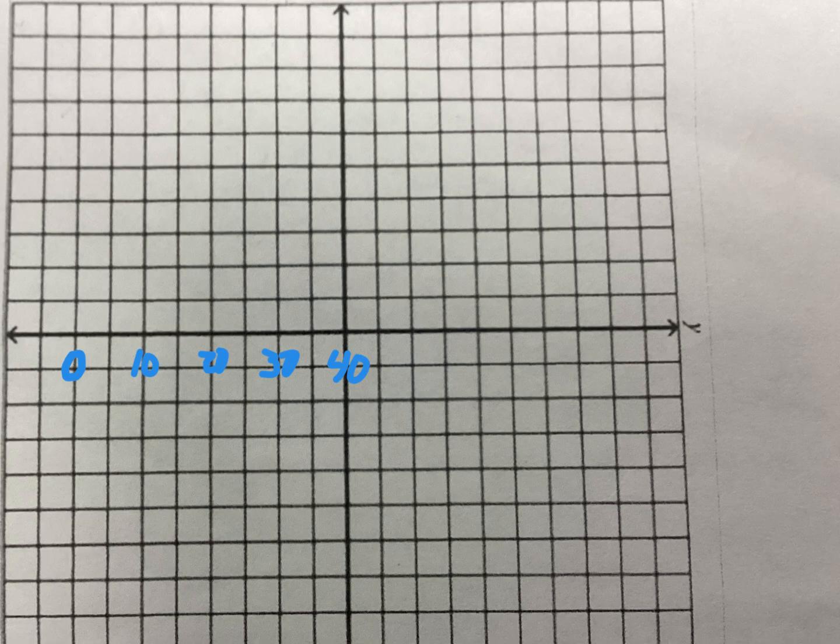Now, if you make your box and whisker plots like I showed you yesterday, right above a number line, like on graph paper like this, then when you draw your lines for your box, you can really tell pretty easily what Q1 and Q3 are, because they're the edges of the box.